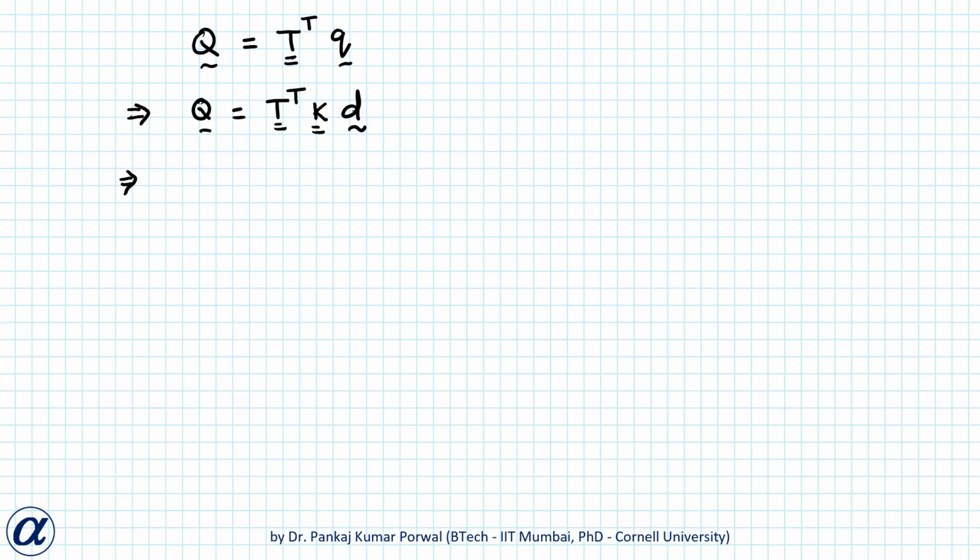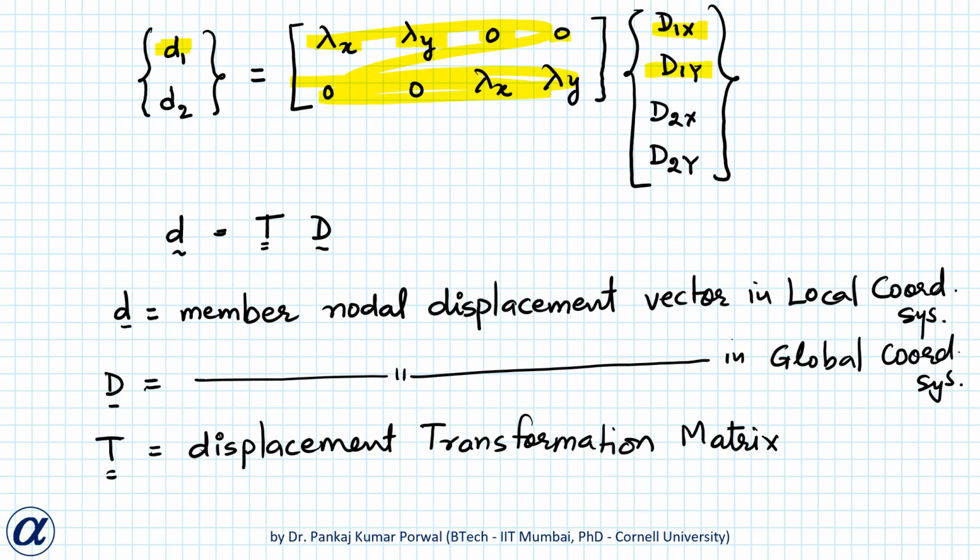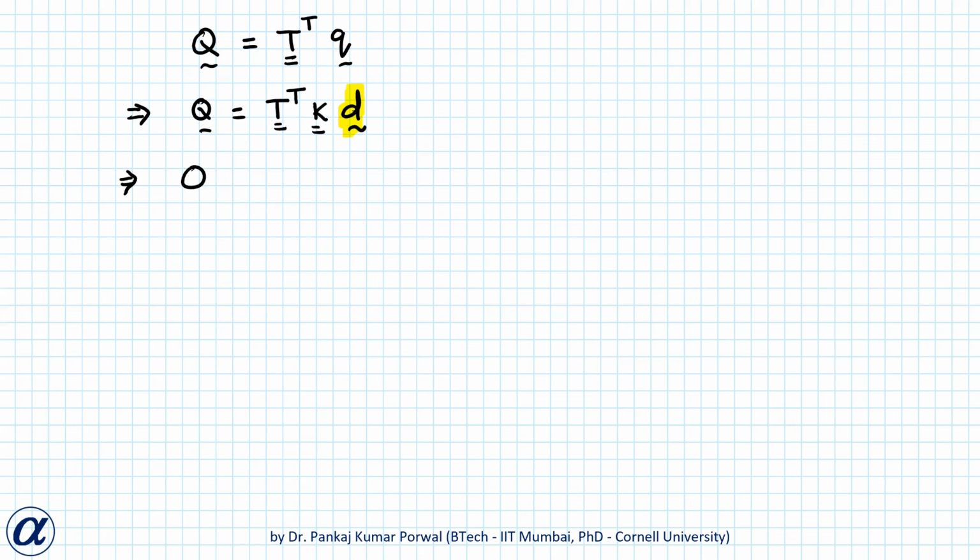Now this small d I can replace with T capital D. So that gives me capital Q equals T transpose K T capital D. Here this product can be written as K G D, and here this K G is member stiffness matrix in global coordinate system.